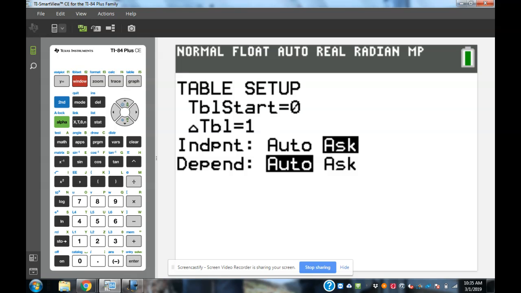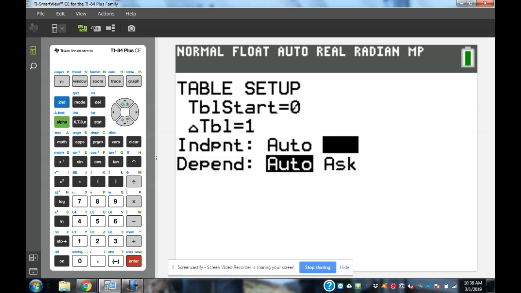On the independent variable, you want to set that to ask. So you just press the arrow down. If yours looks like that, it's got auto darkened in on both of them, just press over to ask and hit enter. And then on the dependent, that's the y value, we want it to be automatic. It'll generate that for us. So you want your independent set to ask, your dependent set to auto.